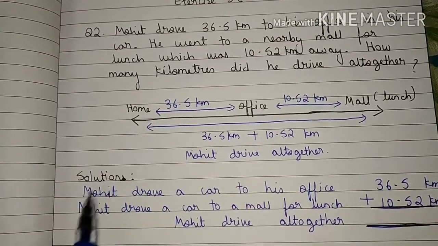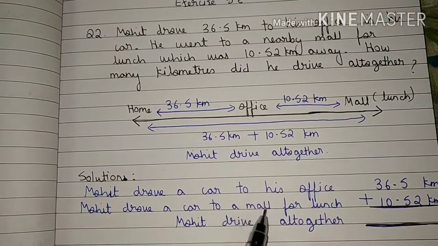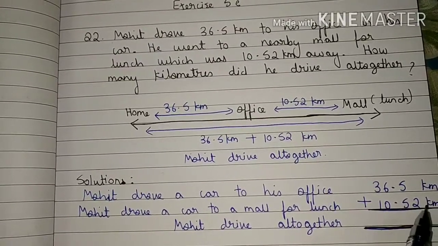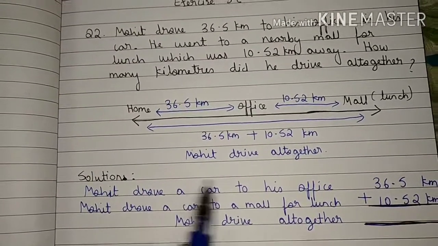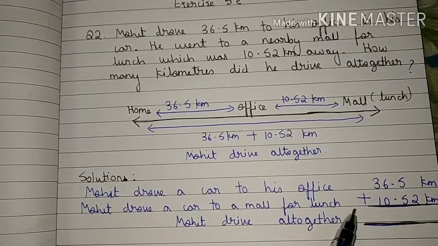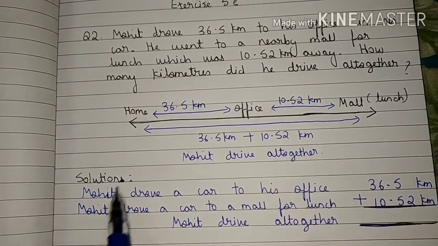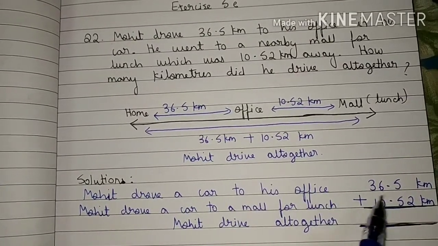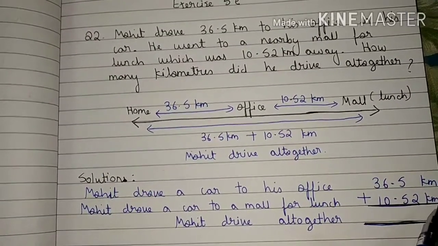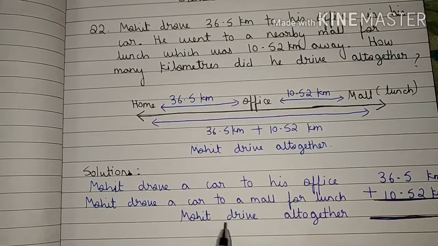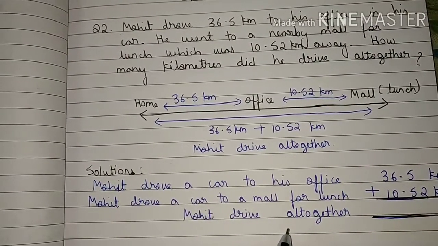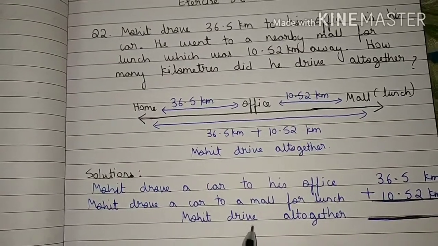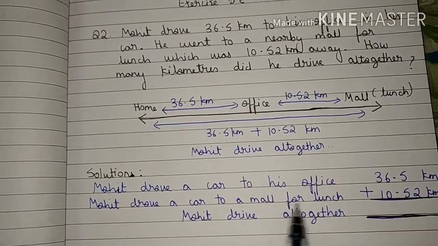After that, Mohit drove a car to a mall for lunch 10.52 km. So from office to a mall, again he drives a car 10.52 km. Now students, in this question, we have to find out the total kilometers Mohit drives a car altogether.